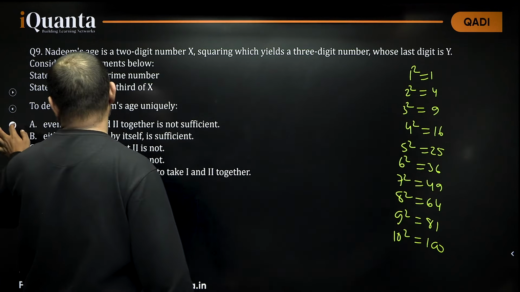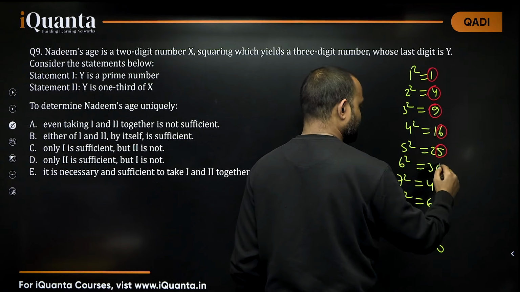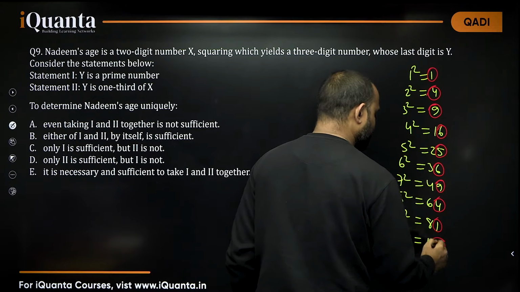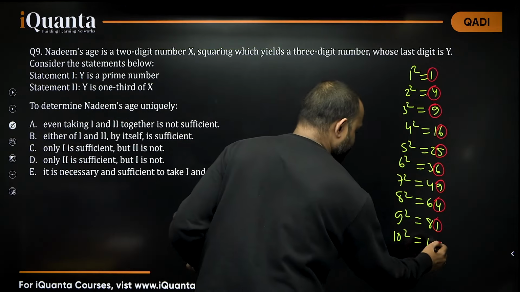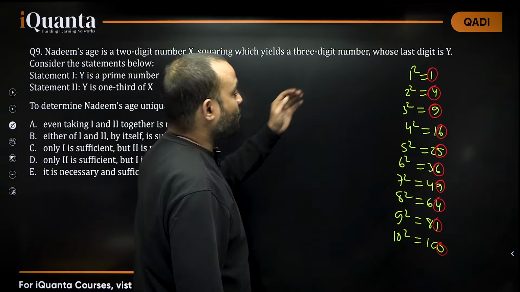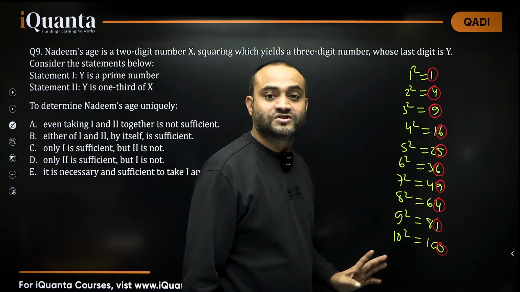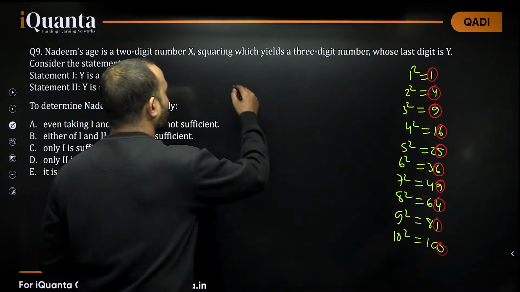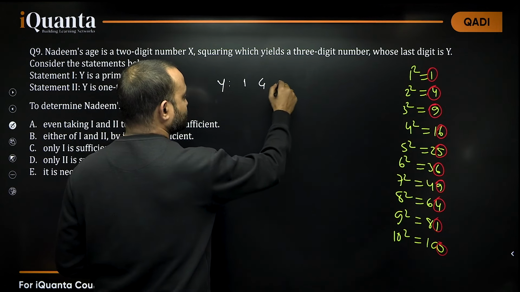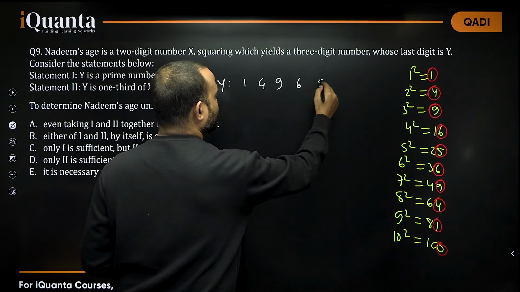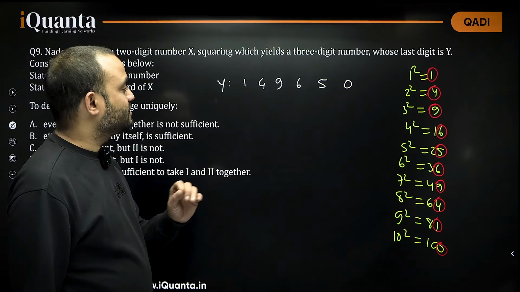If you check the unit digit of any square, no matter how big the number is, it can only be 1, 4, 9, 6, 5, 0. It will repeat itself, right? So y can take values 1, 4, 9, 6, 5 or 0, no other values.